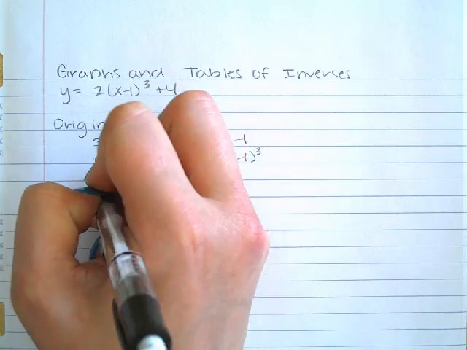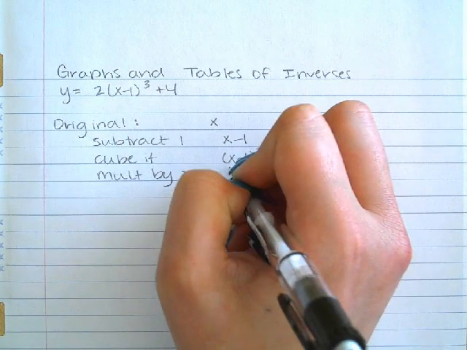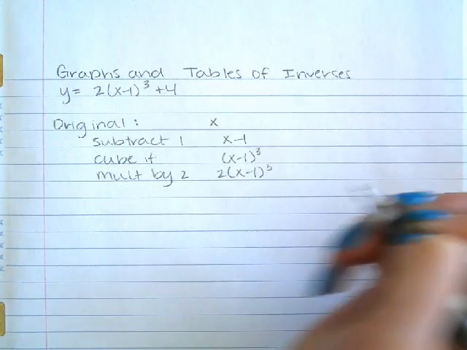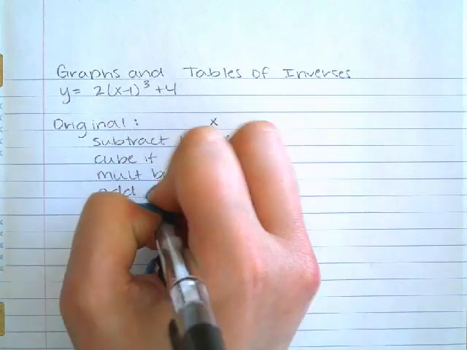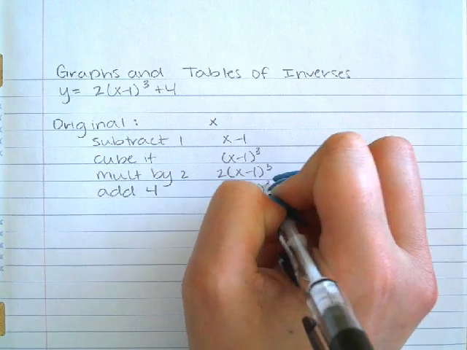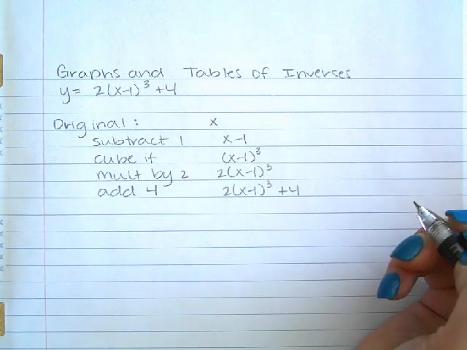Then I'm going to multiply by 2, so that is (x minus 1) cubed multiplied by 2. And last, I'm going to add 4, and that's how I get my result.